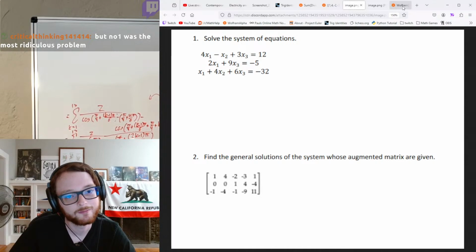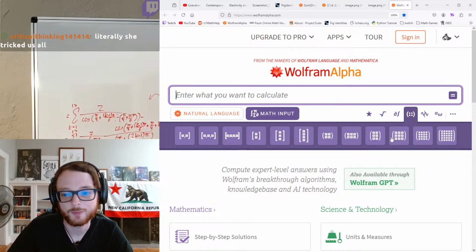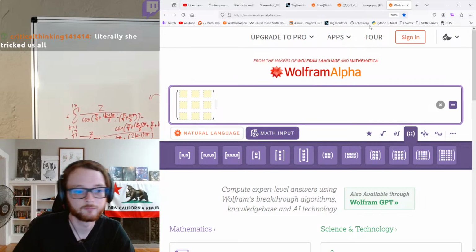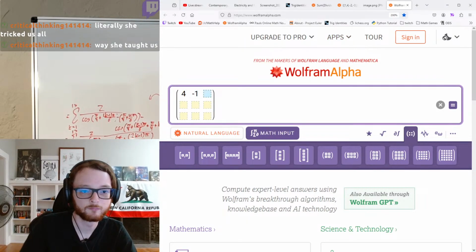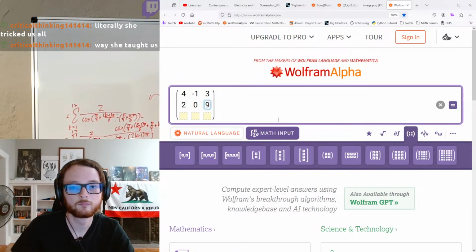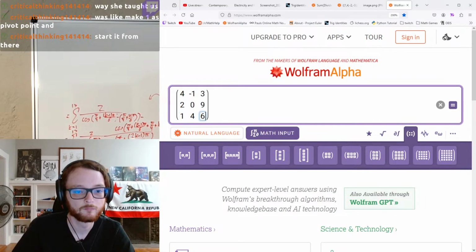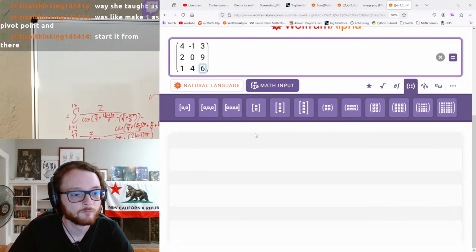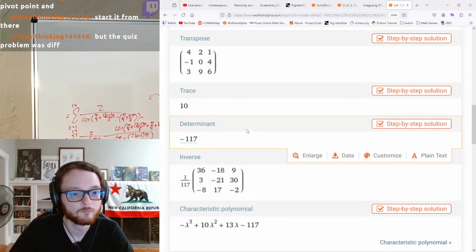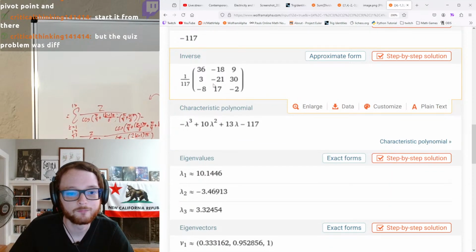Tricked you? Like, in what way? I could actually make Wolfram Alpha do that inverse thing so I don't have to do all this typing. Oh, that's a stupid inverse.